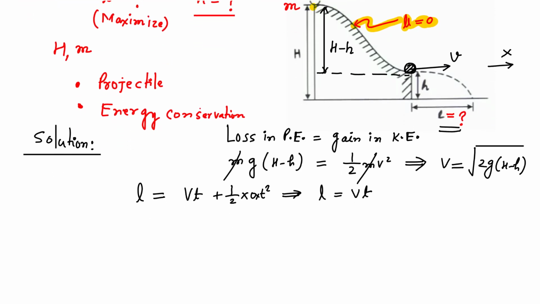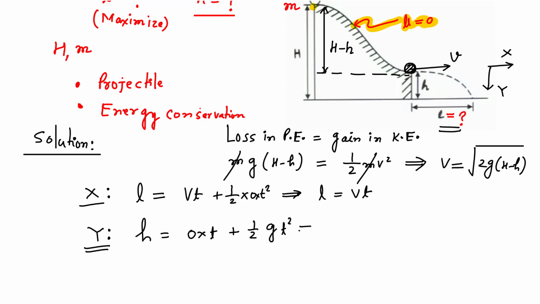We can find the time by writing the equation in the y direction. So distance traveled is h is equal to ut, but there is no velocity in the y direction, plus half g t square. The acceleration is in the downward direction and my downward direction is positive. So from here I can write t is equal to the square root of 2h by g.